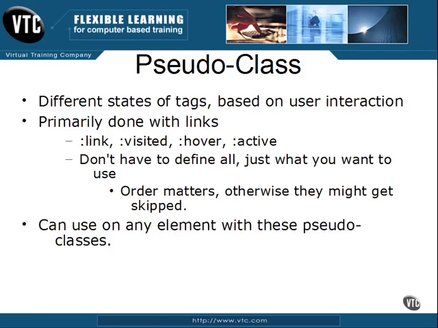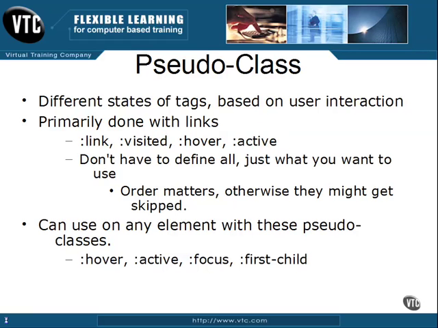Now, according to specification, we will be able to use a couple of those pseudo-classes along with some other pseudo-classes for any other object. Some of these are really good things to do, such as using them with form elements, and other ones might not make a whole lot of sense to use. However, just because we don't think it makes a lot of sense doesn't mean that we can't use it.